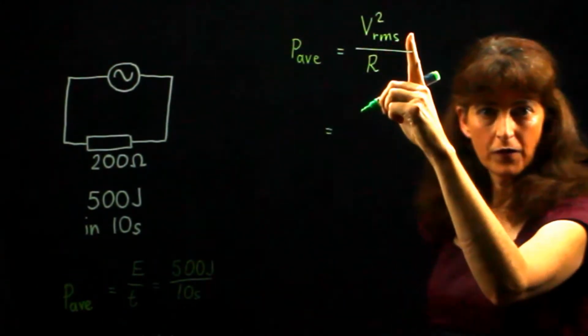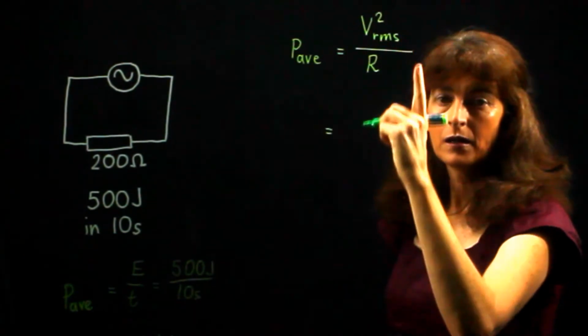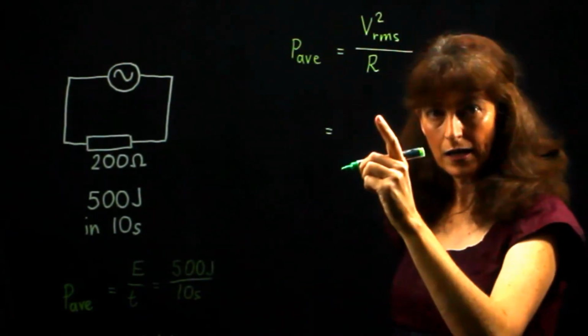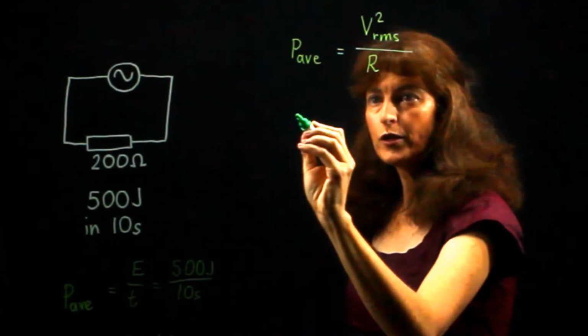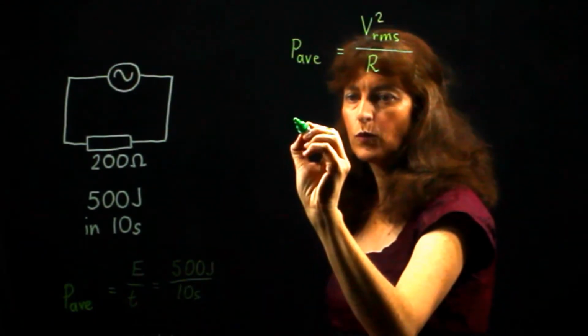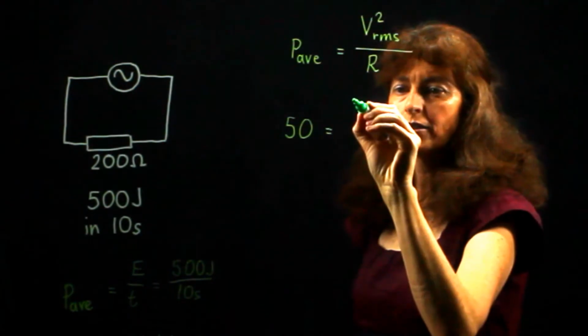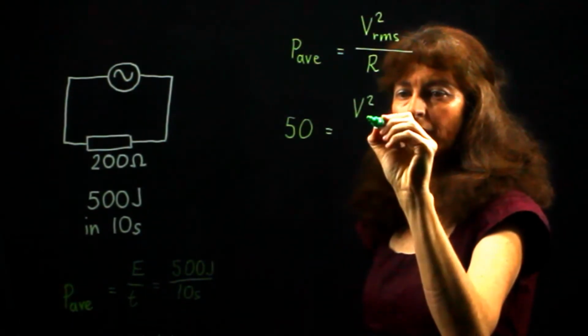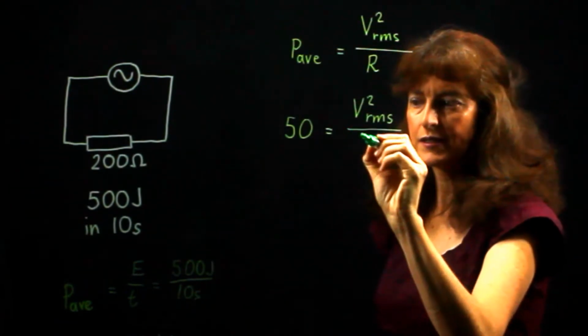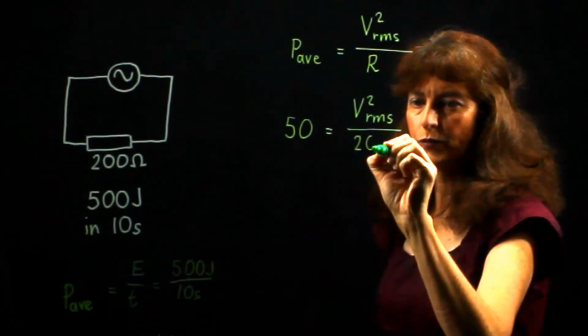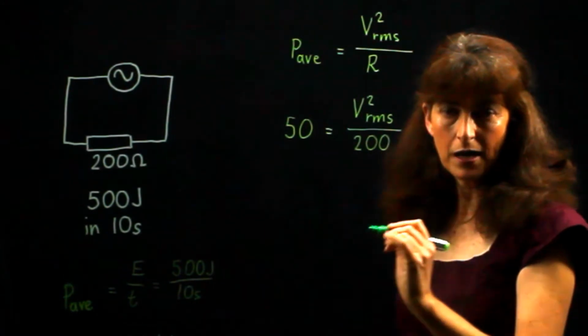And we are trying to find out what this value is, because from it we can then calculate the maximum root mean square voltage. We know power average, 50 watts. We're trying to find this value. Don't forget to write the root mean square. We know resistance, it's 200 ohms. Multiply both sides by 200.